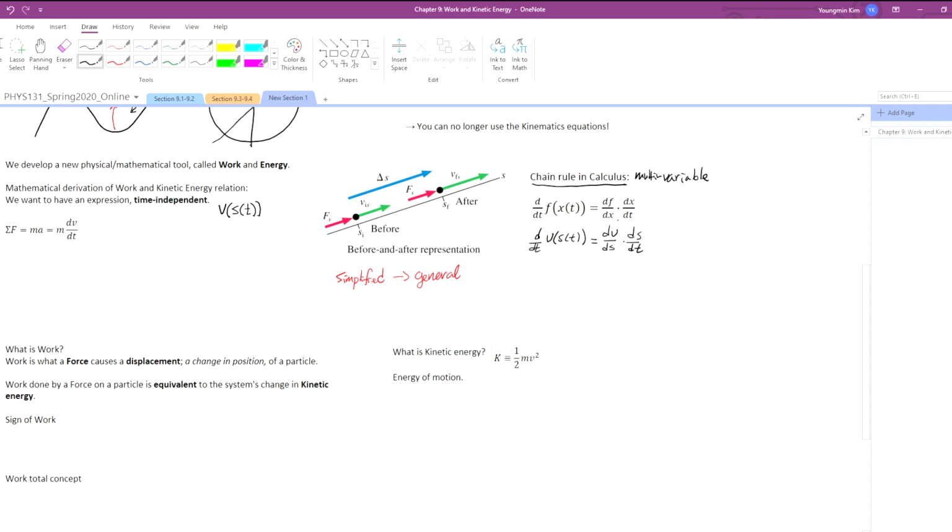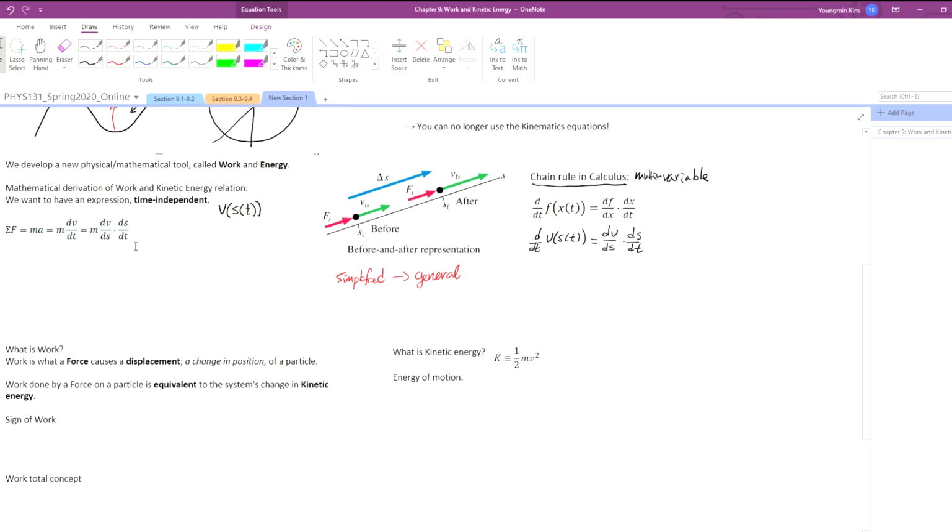We're going to use this property because here, this is now going to be written like this: m dv/ds divided by dt. Just simply writing down the property that we have derived into here.